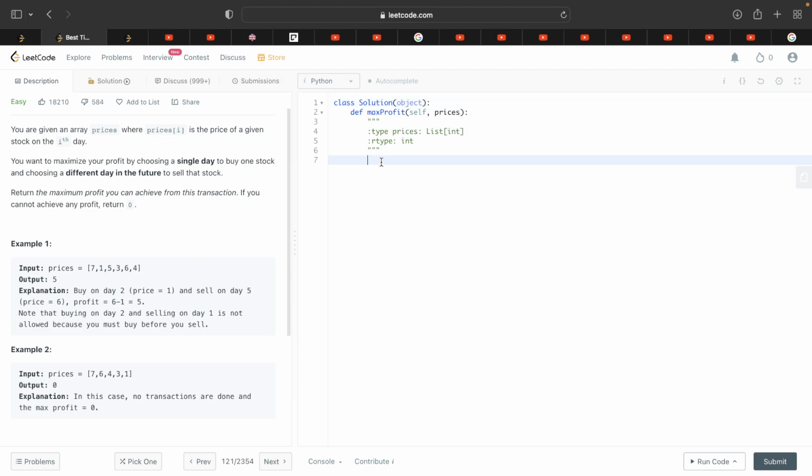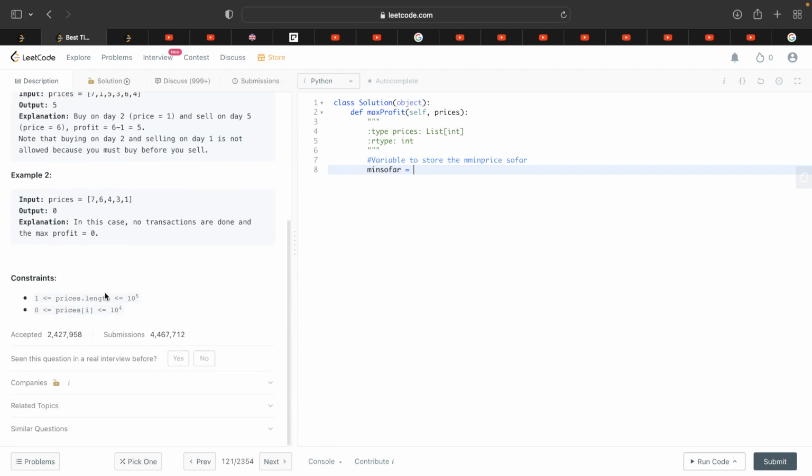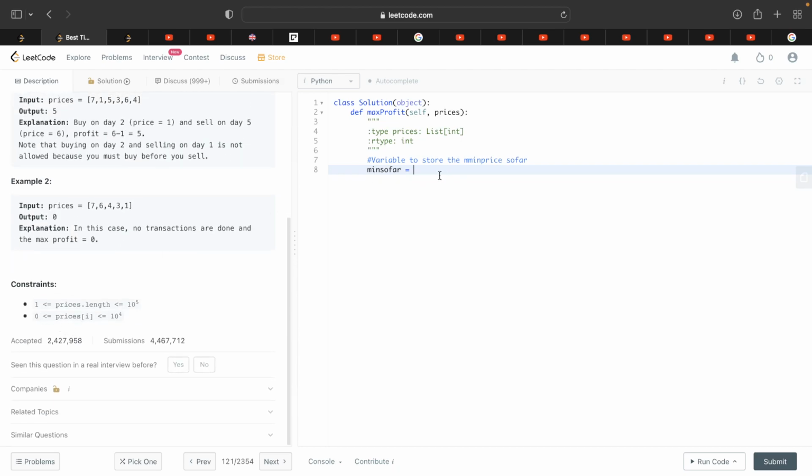So let's do this. We'll create a variable to store the minimum price so far. We'll call it min so far, and we'll initialize it with 0, since the good thing is the prices here are at least 0.